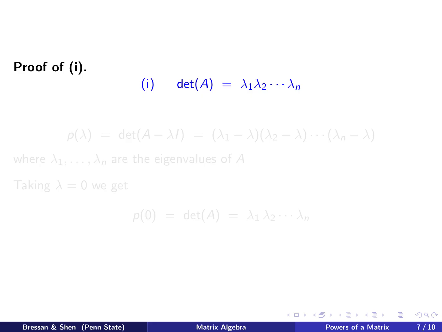Let's now do a proof for the theorem. Part 1 says that determinant of A is the product of all the eigenvalues.